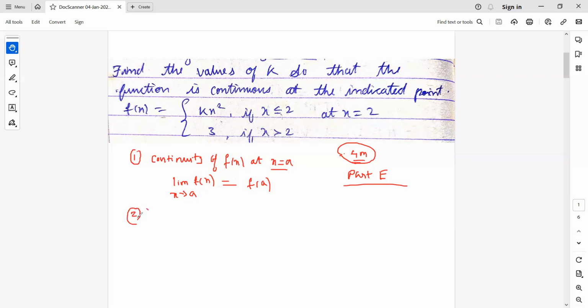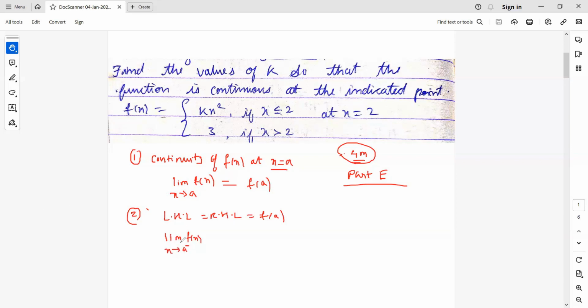The second definition to discuss the continuity of f of x is LHL is equal to RHL is equal to f of a. In symbolic form, you can write it as limit f of x as x tends to a minus.